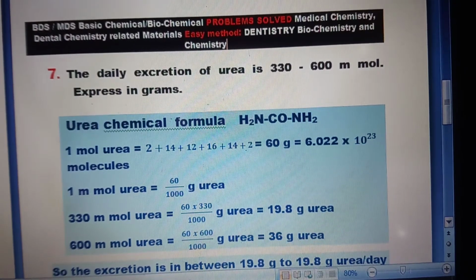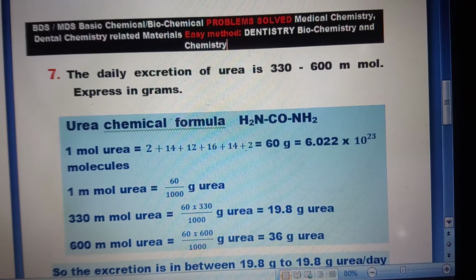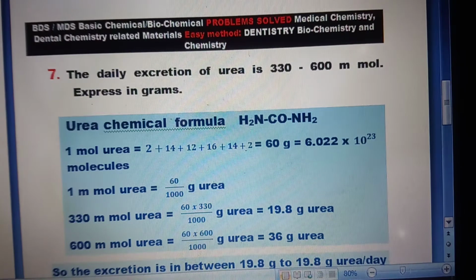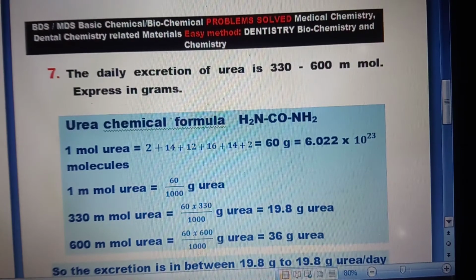So what is 1 millimole of urea? It means 60 divided by 1000 grams of urea, because 1 gram is equal to 1000 milligrams, and 1 mole is equal to 1000 millimoles. Therefore, 1 millimole of urea is equal to 60 divided by 1000 grams.